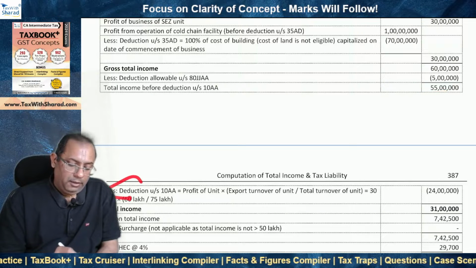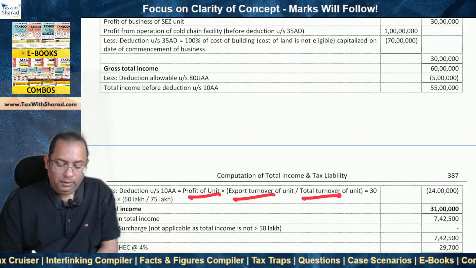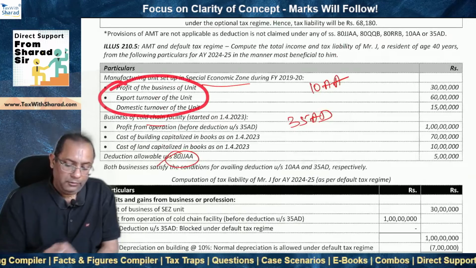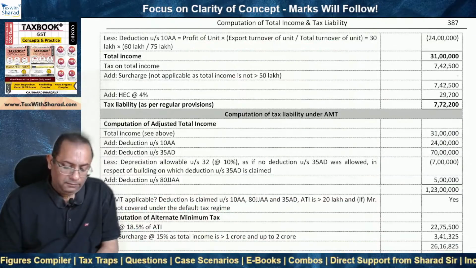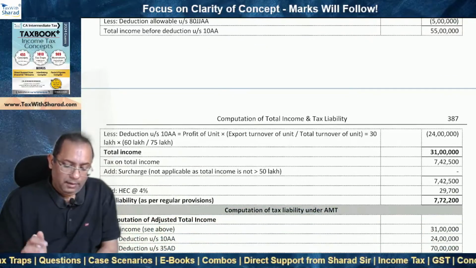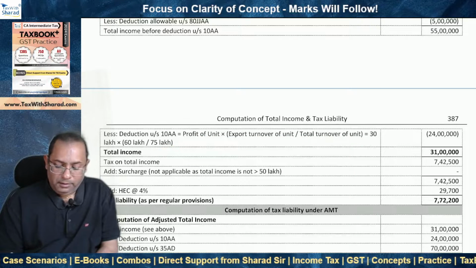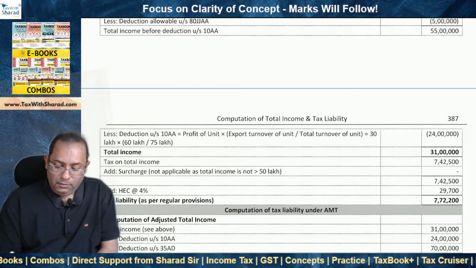From this we allow deduction under section 10AA: profits of unit into export turnover divided by total turnover. All these figures are given here in the question, so we simply apply these figures and 100% of this amount is allowed.